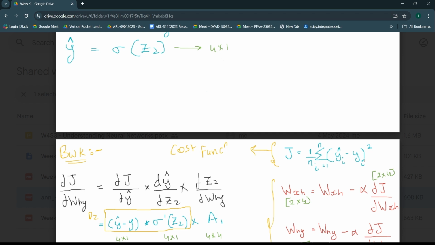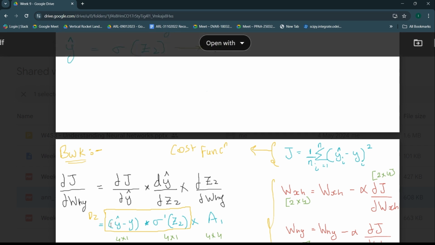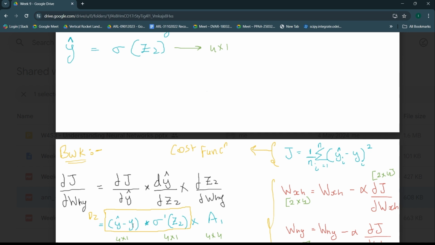But now over here, it's your choice, 2 by n, if you want to keep it or not. It's simply going to act like some kind of scaling factor. So that's what I would not consider adding over here. But even if you consider it, there won't be any problem. If you have this thing multiplied by 2 by n or without 2 by n, the outputs will still be very satisfactory.